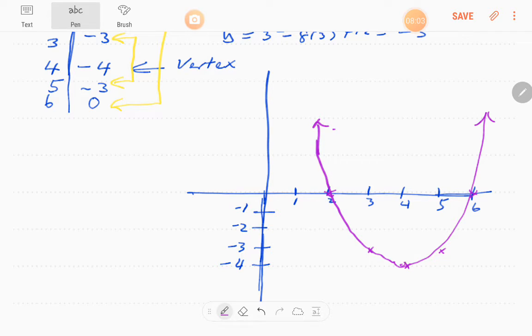So our vertex is occurring here. That's our vertex at the point 4, negative 4. The line x equal to 4, this line going here, is the axis of symmetry.